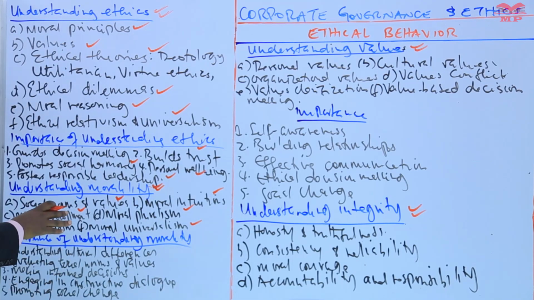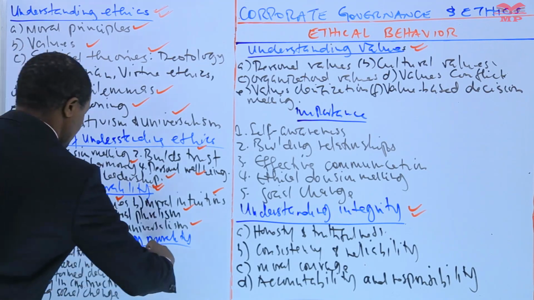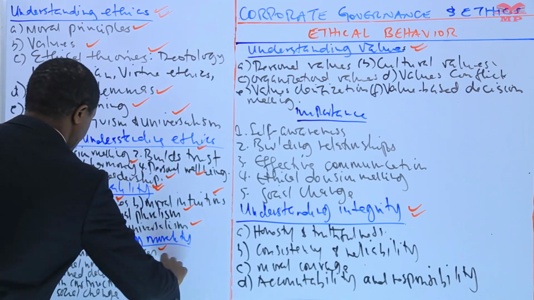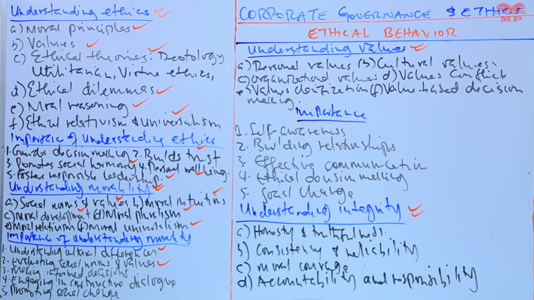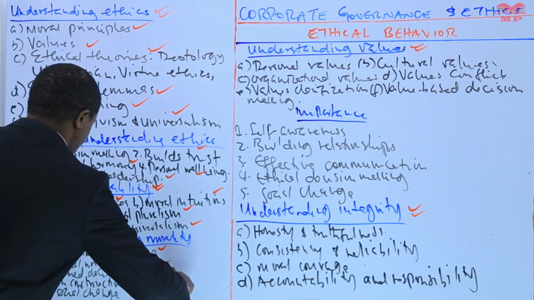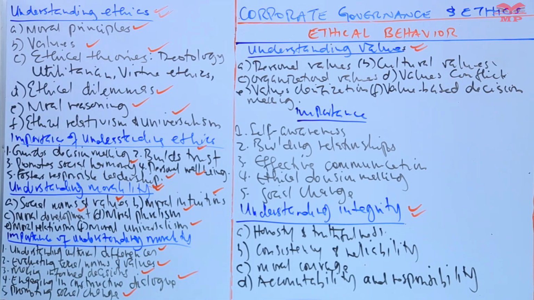We've identified the importance of understanding morality. One is understanding cultural differences. It helps to evaluate social norms and values. It is key in making informed decisions, engaging in constructive dialogue, and it promotes social change.